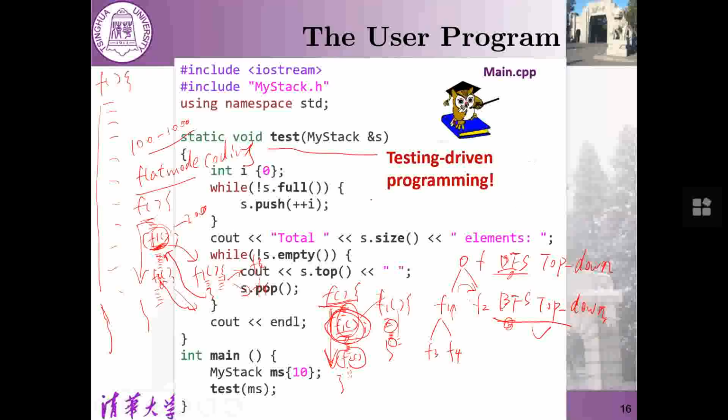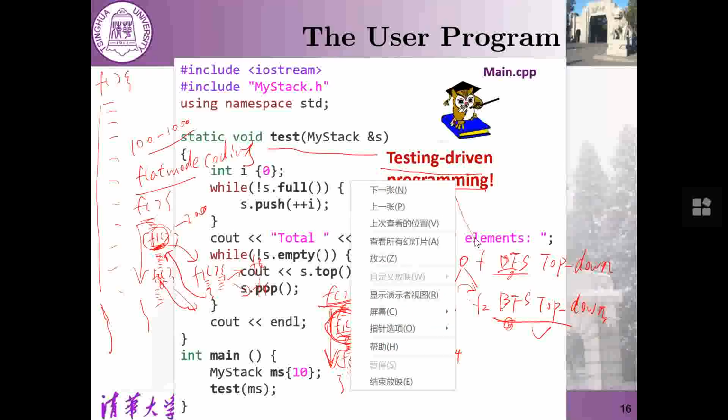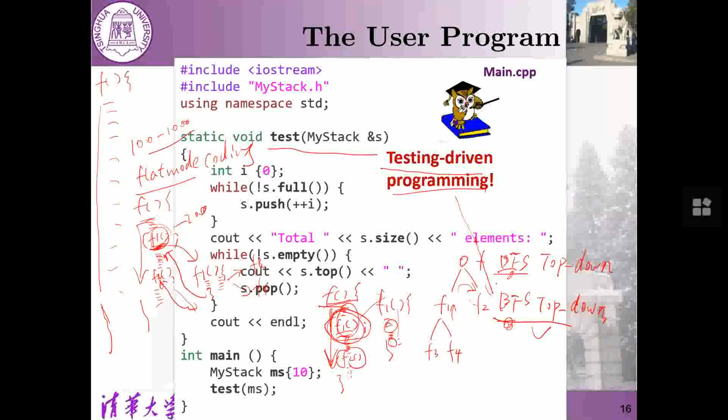Then actually, this testing-driven programming is similar to this top-down programming, because we assume the main stack has already been implemented. Actually, it is not. So we assume it's already implemented, and we write this.